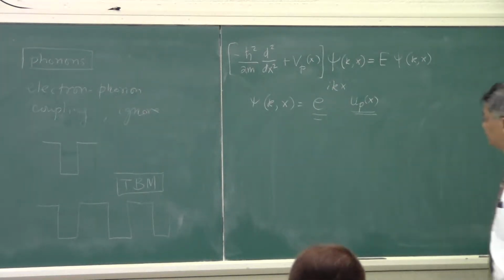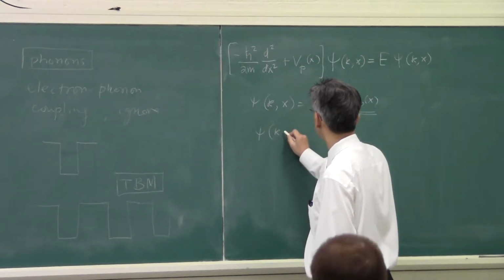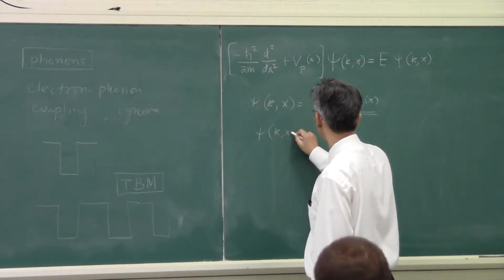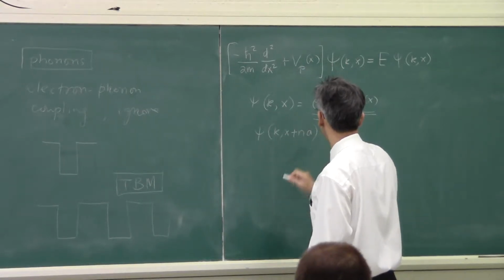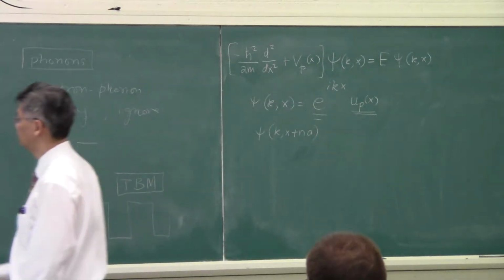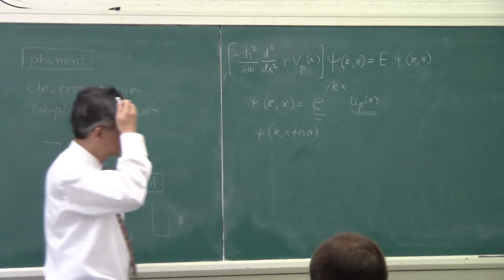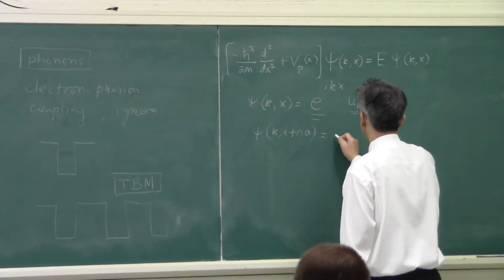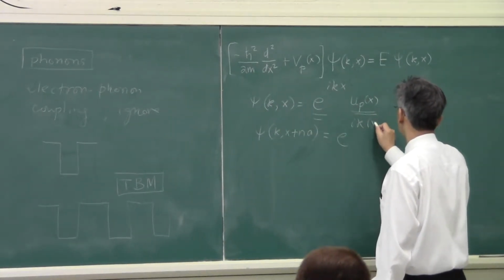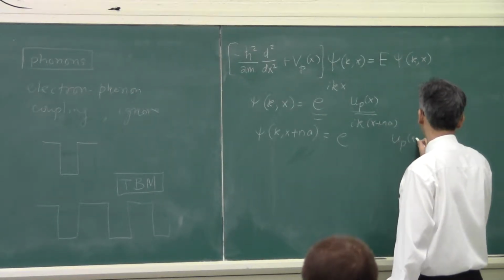And then you argue that if this is in fact a solution, if I were to translate my thing by x plus na, where a is the period or the spacing of this periodic potential, then this solution would evolve to be something like this: u_p(x + na).